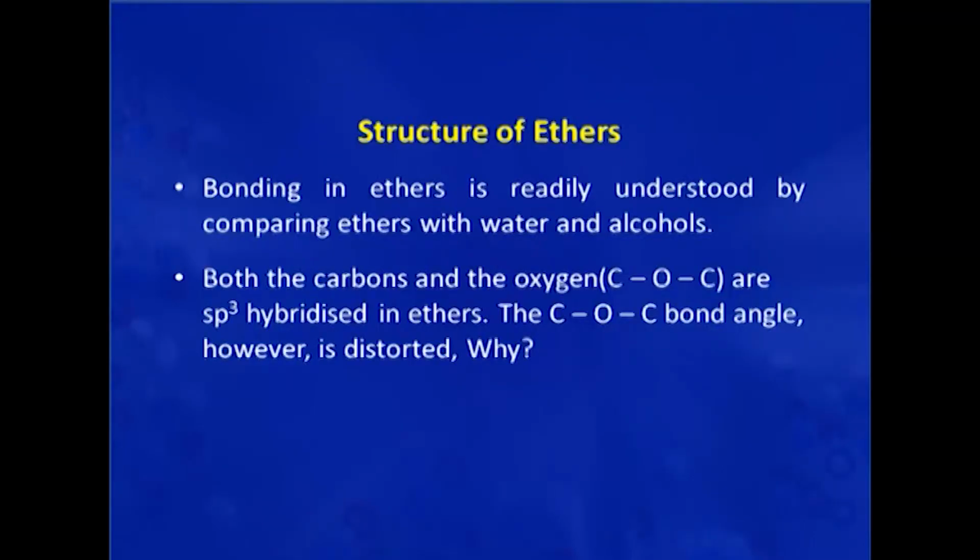Oxygen is attached to two carbons, but it is left with two more sp3 hybrid orbitals having lone pairs of electrons. The presence of these lone pairs in the sp3 hybrid orbitals of oxygen is responsible for the repulsion between the orbitals, resulting in the bent structure, or the distortion in the normal tetrahedral angle.